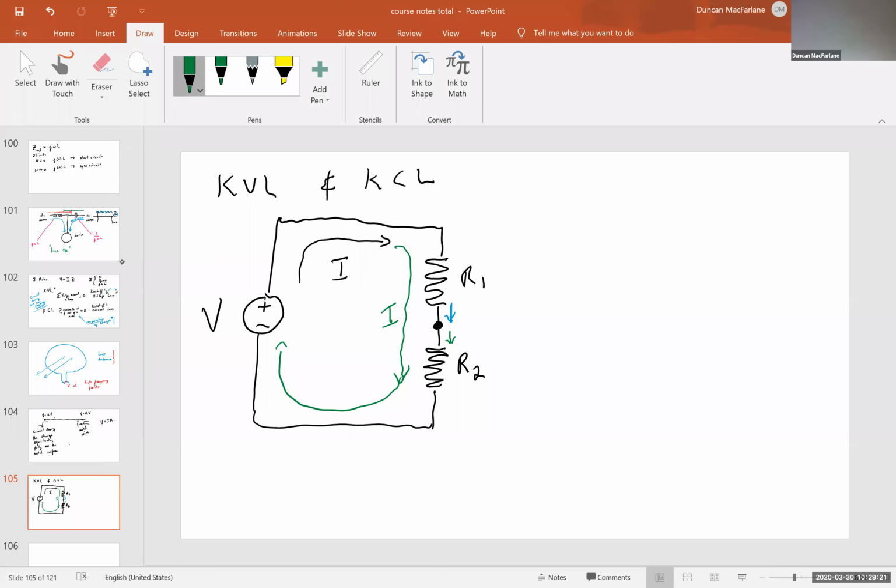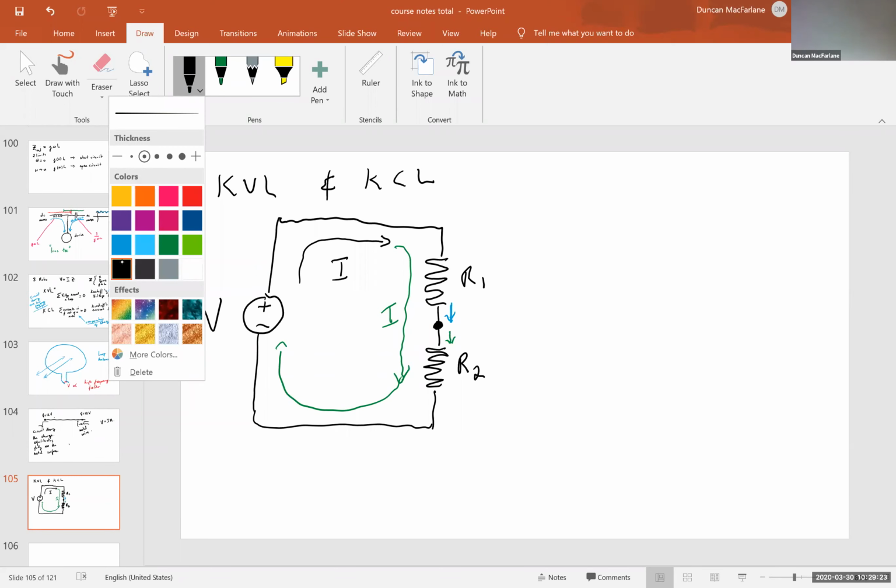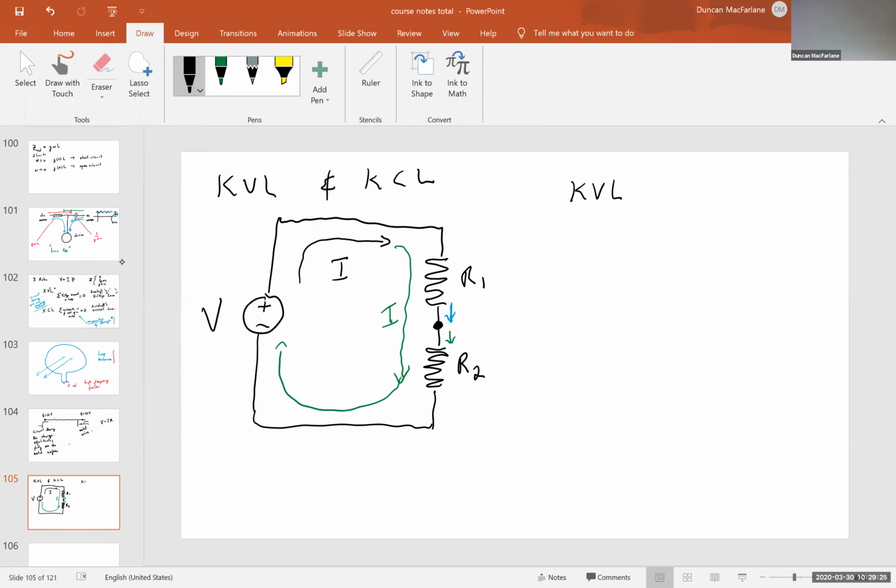So now I can apply Kirchhoff's voltage law, which is the sum of the volts will equal 0 around this loop. And I've got three things that affect the voltage.